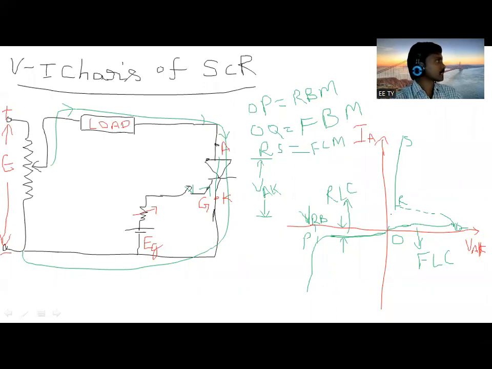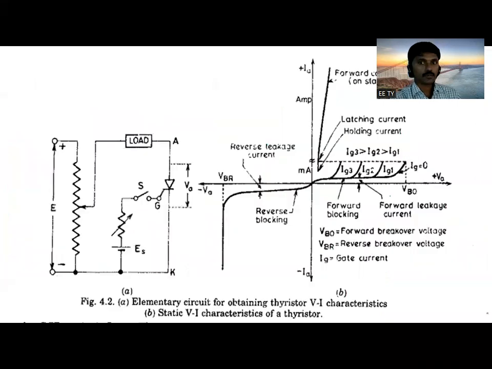So this is the VI characteristics of SCR. We have shown it like this. Here, what is IG1, IG2, IG3? The gate current increases. The more you increase the gate current, the sooner it turns on. So if the gate current is at IG1, the thyristor is turned on at this point.